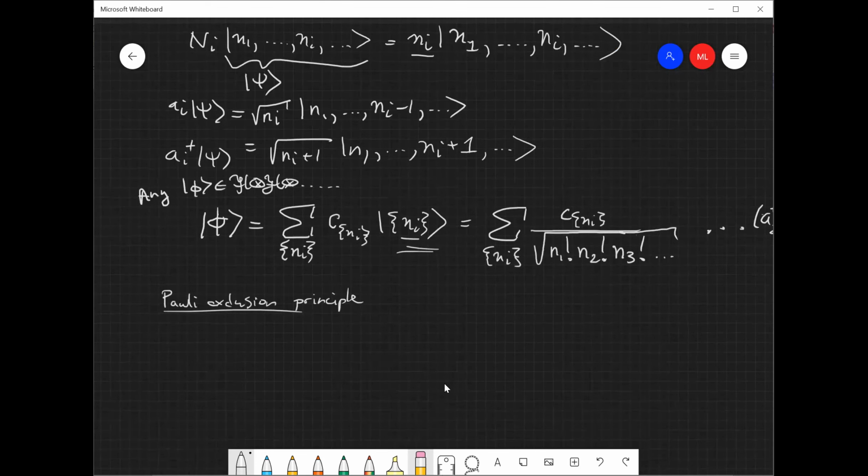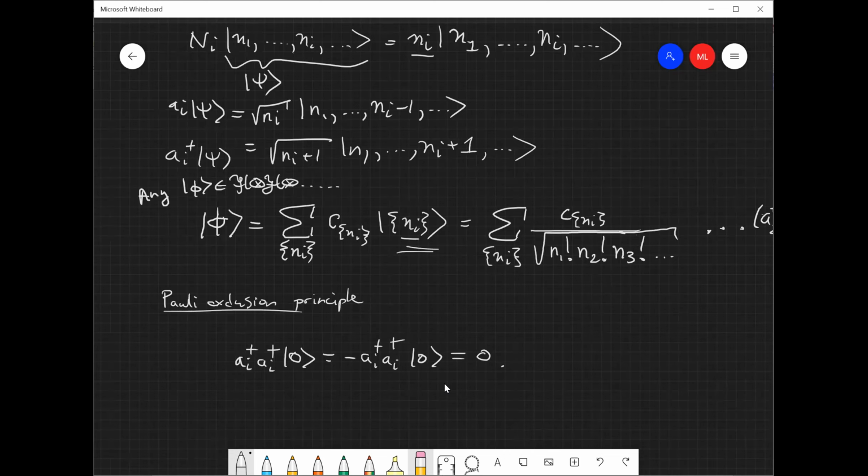But here we go. Another demonstration of the Pauli exclusion principle is simply that if you try to create a particle in the same state twice in the vacuum, that's equal to minus itself, because these operators anti-commute. And so you conclude that you just get 0. It's not possible.